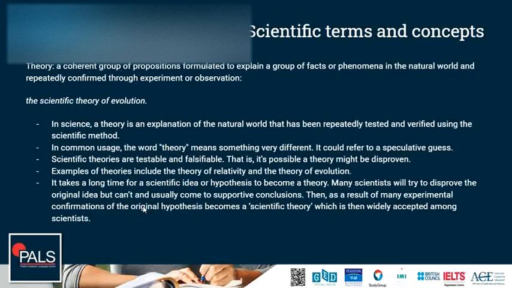They usually come to supportive conclusions, and then it crystallizes more or less as an emergent truth and becomes a theory. So one more time, a theory in science is widely accepted, whereas when we use the word in everyday life, it often means the exact opposite, something very speculative.